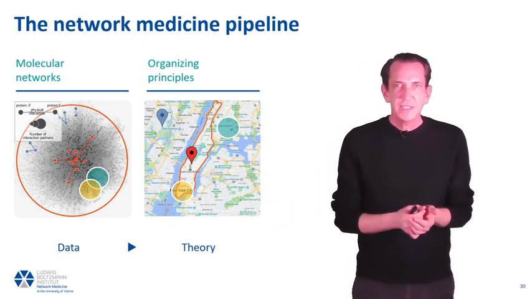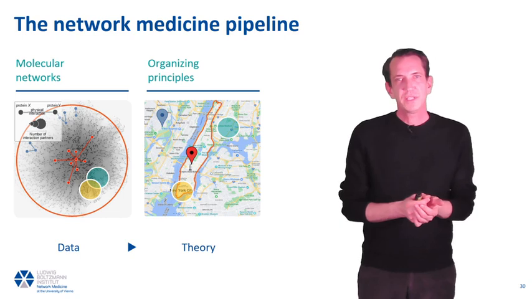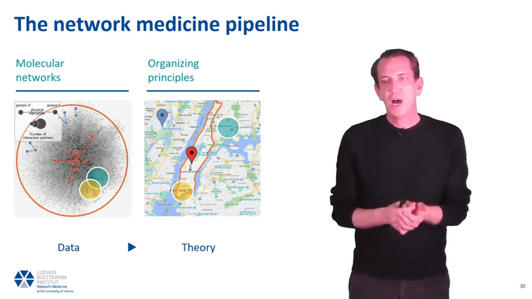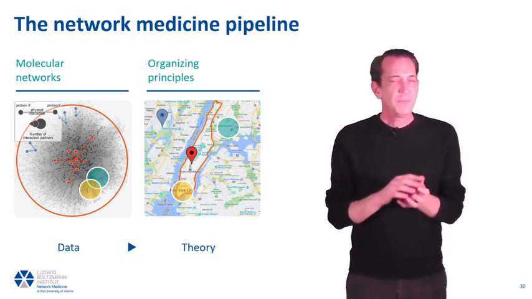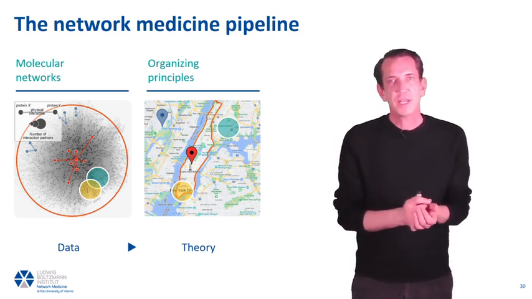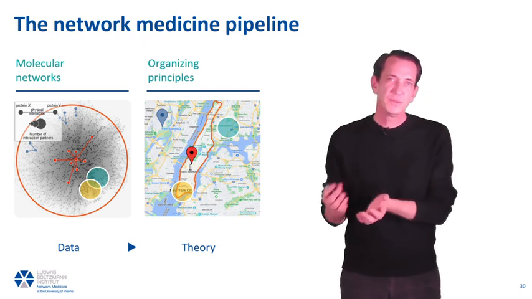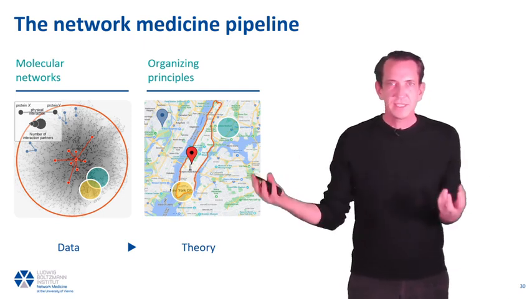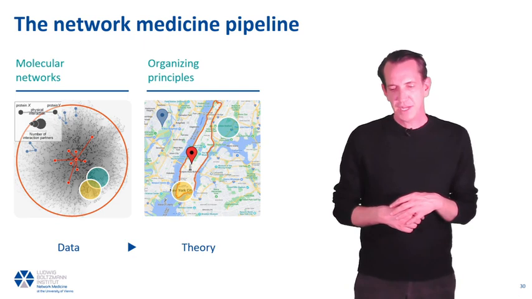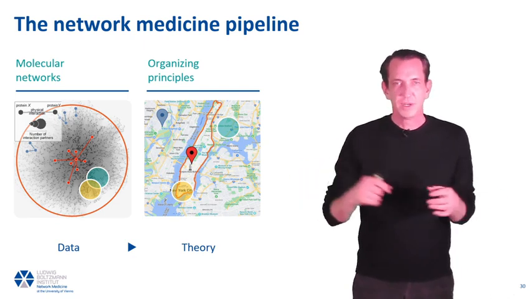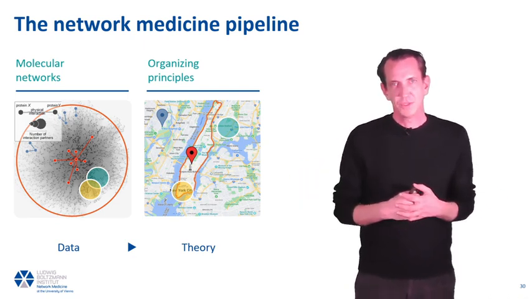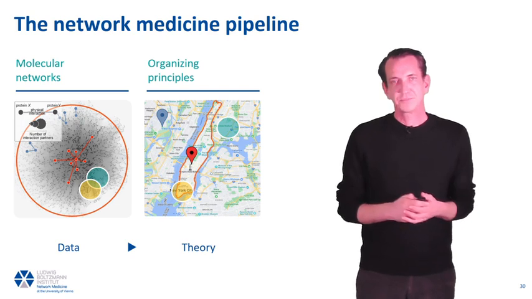The centrality of a protein in these networks is important and related to how important it is. The neighborhoods in these networks can be defined and related to biological processes, but also to diseases, and that distances between neighborhoods are related to how, well, similar or interrelated these two respective diseases are.